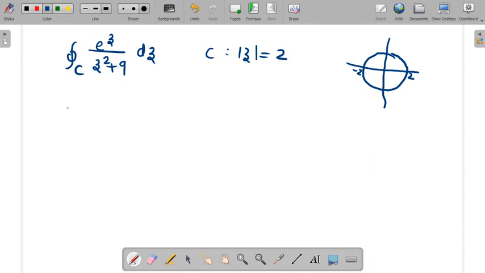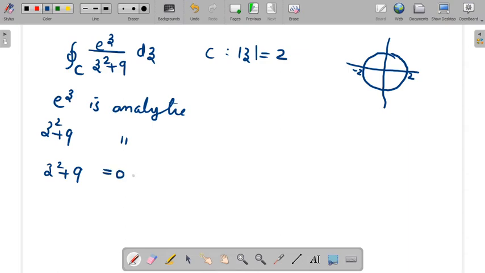And again, the numerator e raised to z is analytic. Z square plus 9 is also analytic. So we look for the points where z square plus 9 equal to 0. So this implies z square equal to minus 9, or z is equal to plus or minus 3i.